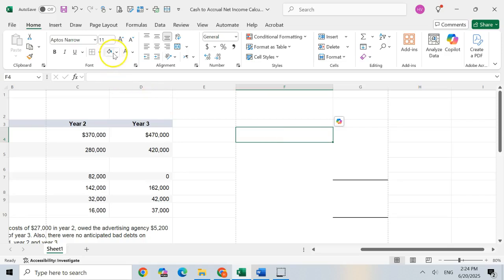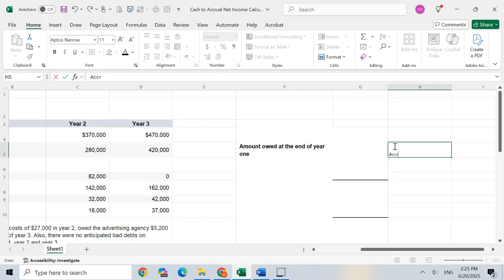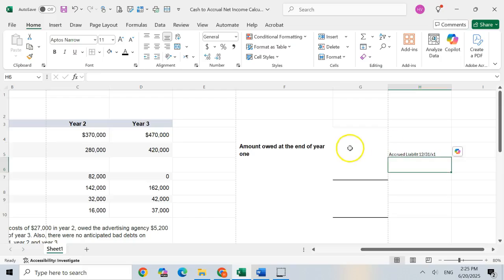So the first piece of information that we are given is the amount that was owed at the end of year 1. So this is basically the accrued liability at 12/31/X1.